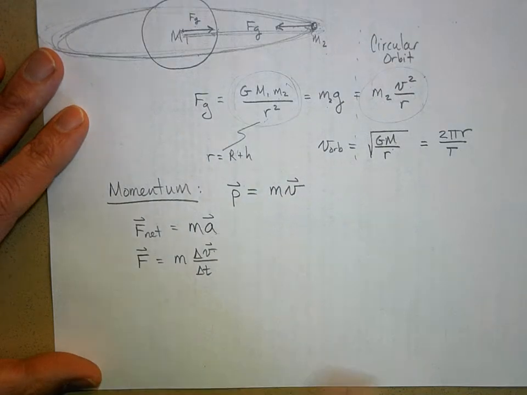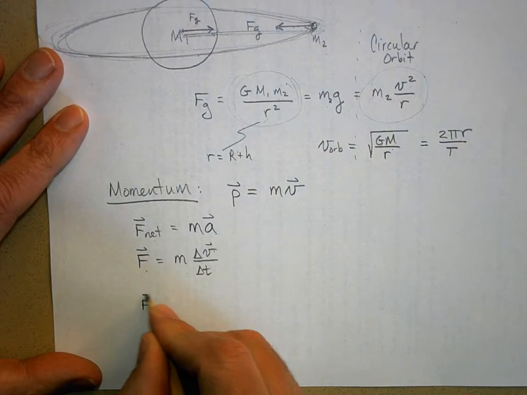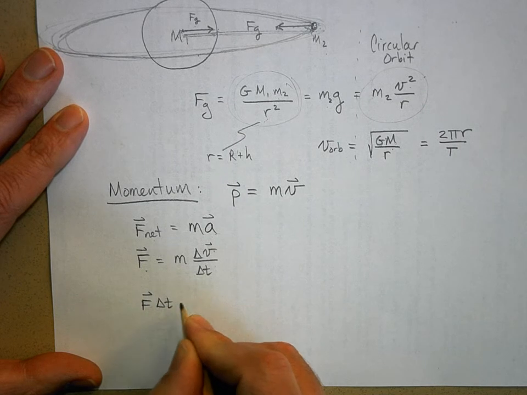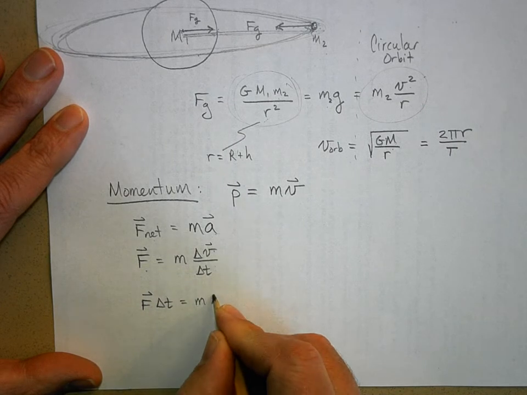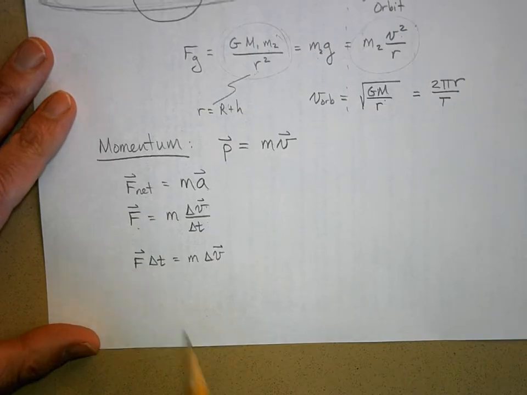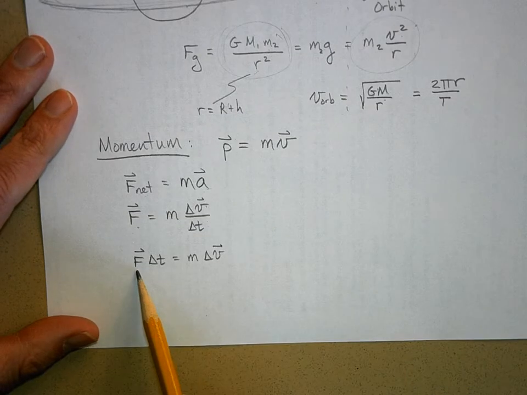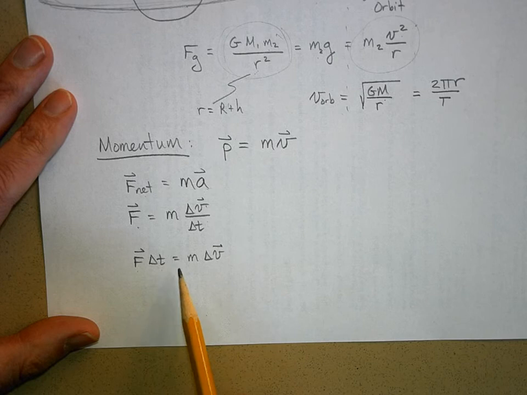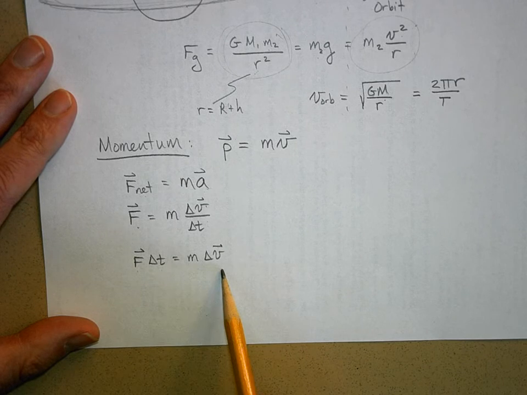Well, then I just multiplied both sides by delta T. And I get this little equation. Here's my net force times time is equal to my mass times my change in velocity.